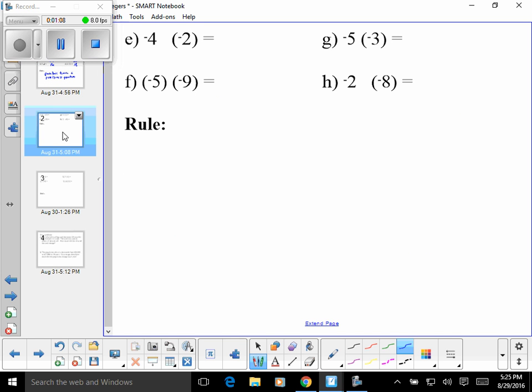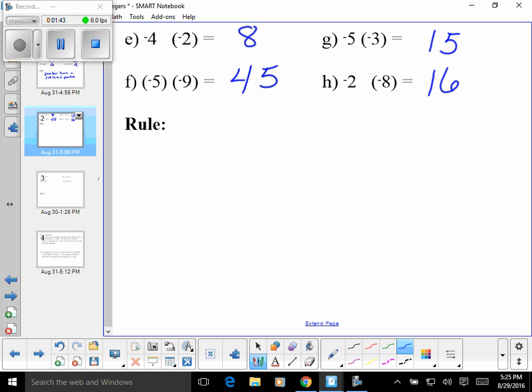If we move on to the second group of integers, you'll notice that all of our integers here are negative. A negative 4 times a negative 2 is positive 8. Negative 5 times negative 9 is 45. Negative 5 times negative 3 is 15. And negative 2 times negative 8 is 16.